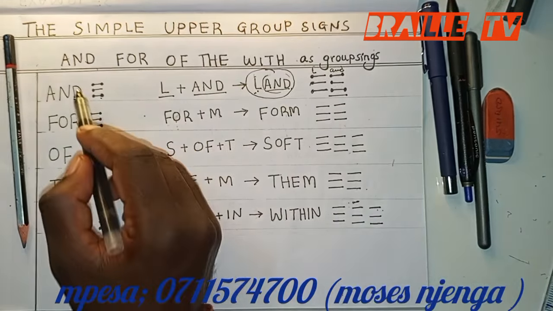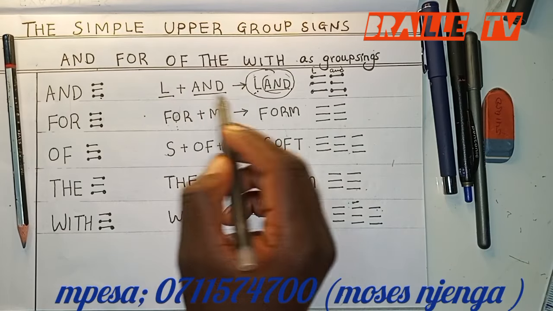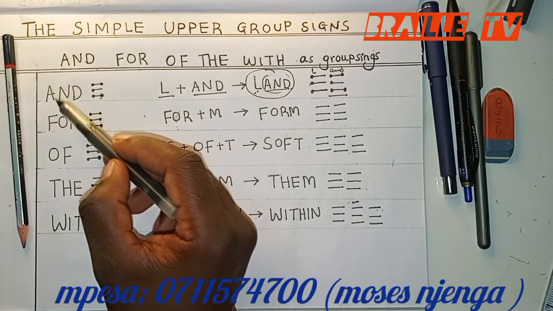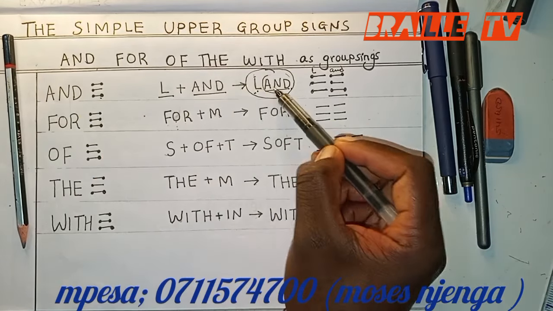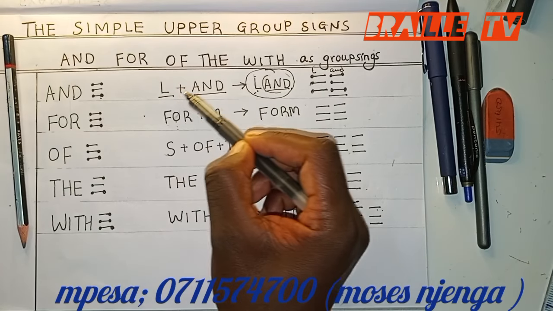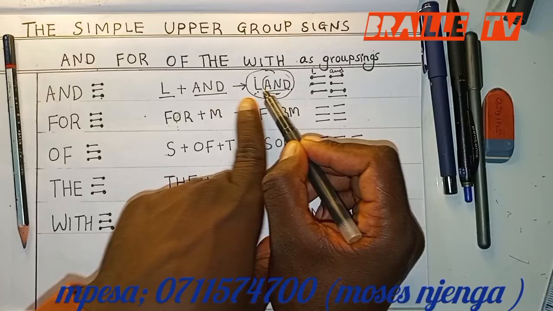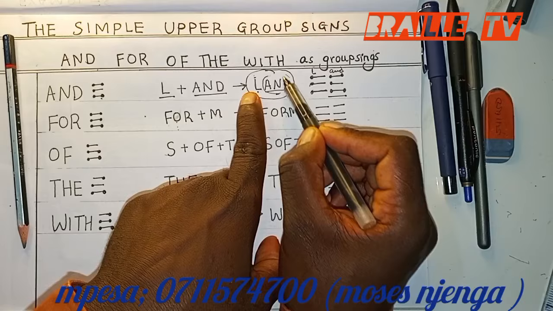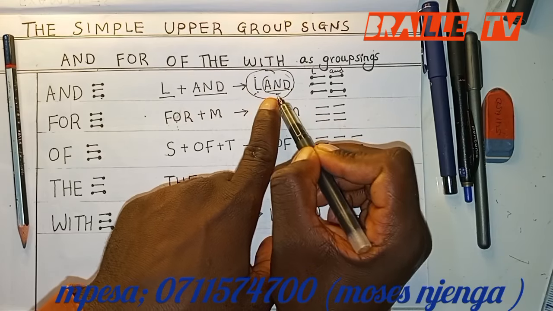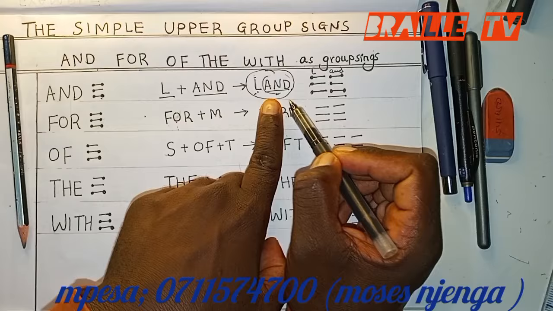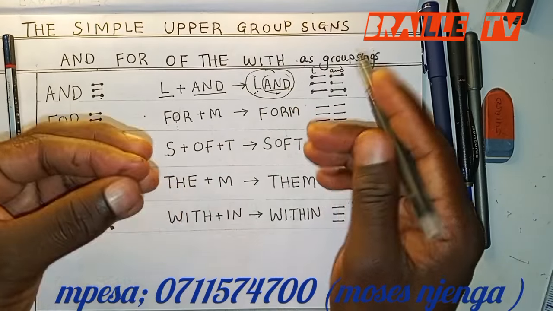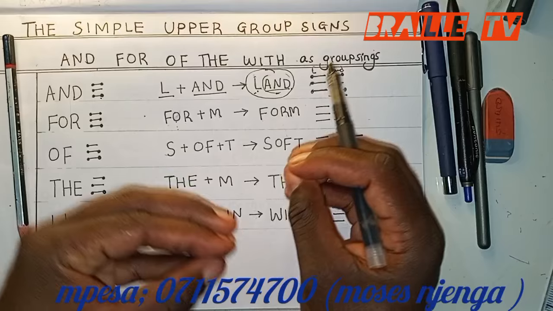So in this case, we have seen in this example the word land. And has been used here as a group sign, whereby we have taken letter L, we have added and, then we make a longer word, which is land, and and has taken part in this longer word. Remember, from the definition, these words take part in a longer word.